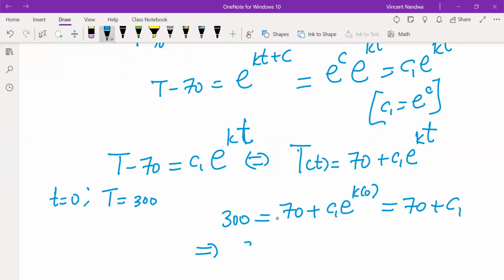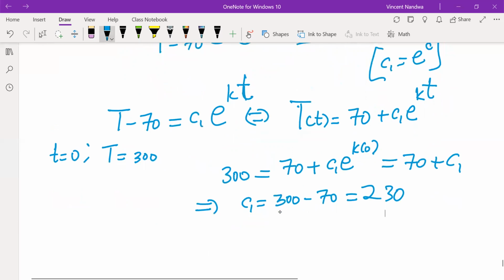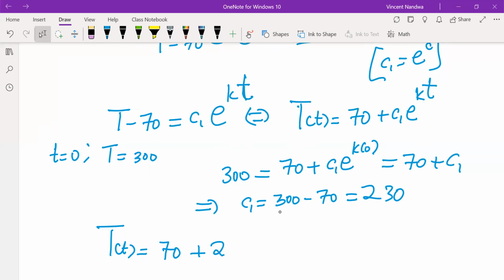So this means that c1 equals 300 minus 70, which is 230. So then we have T of t is 70 plus 230 e raised to the power kt.